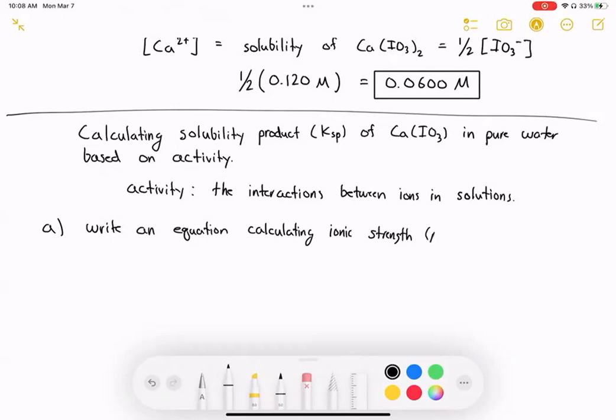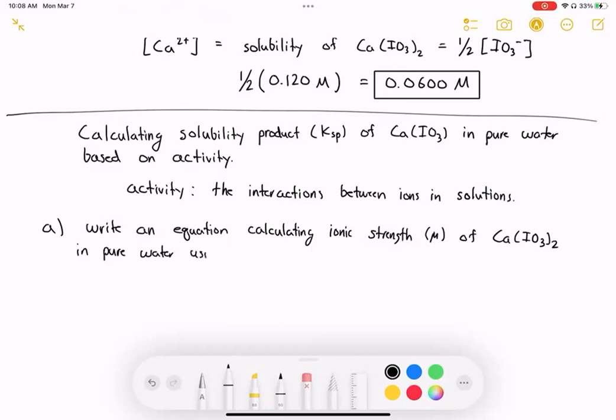So we give this the mu sign here, of calcium iodate in pure water. So we assume that no other ions are present.